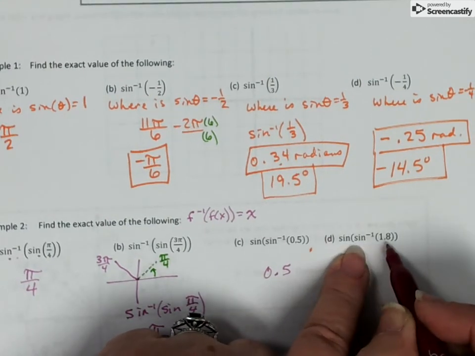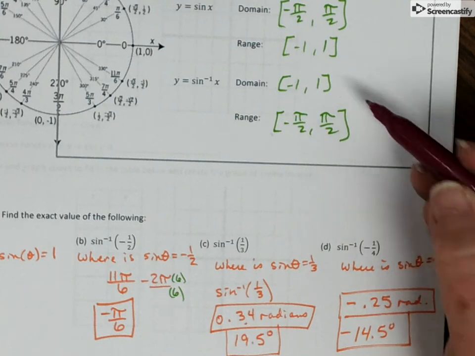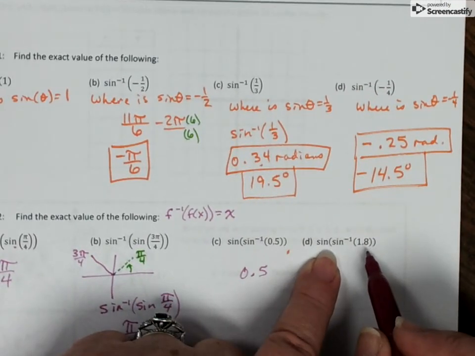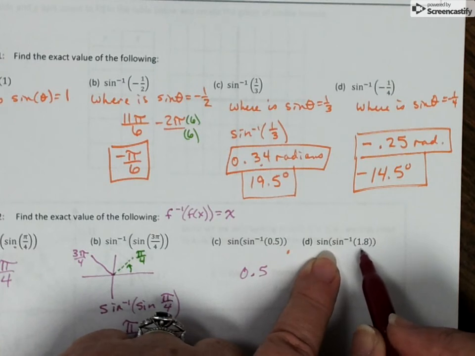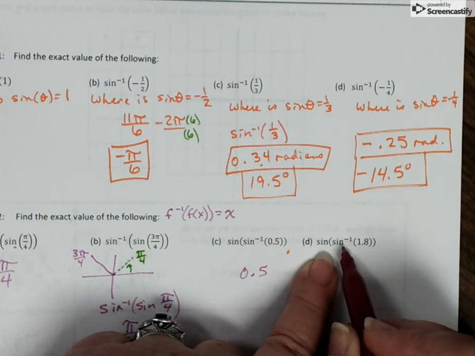Inverse sine of 1.8, we're going to look here, negative 1 to 1. Is that in between negative 1 and 1? It is not. And unfortunately, this is not an angle. This does not have a reference angle or anything else. This is a number because I'm just trying to find the inverse sine.